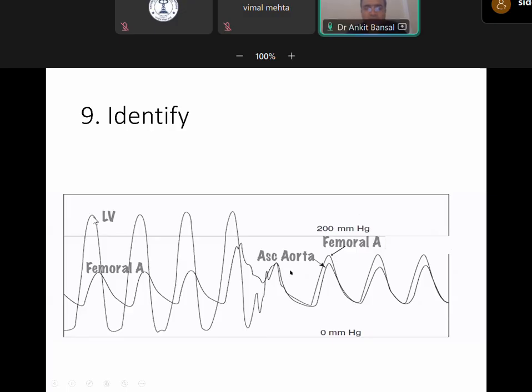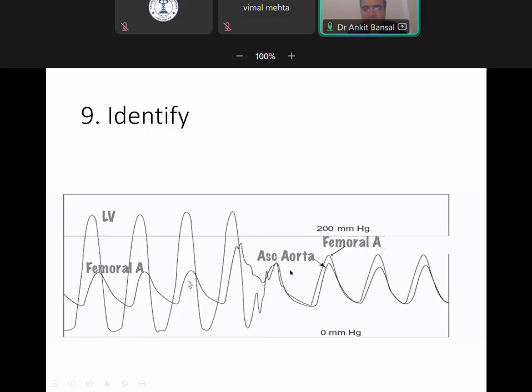So LV and femoral artery pressures are being taken simultaneously. From one catheter, we are taking the femoral artery pressure, and from another catheter, we are taking the LV pressures. There is a clear-cut resting gradient between the LV and the femoral artery pressure, suggestive of LV outflow tract obstruction. First part is clear.